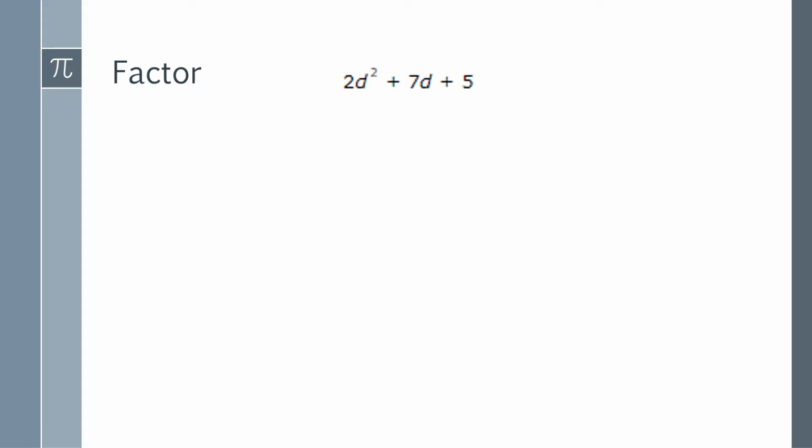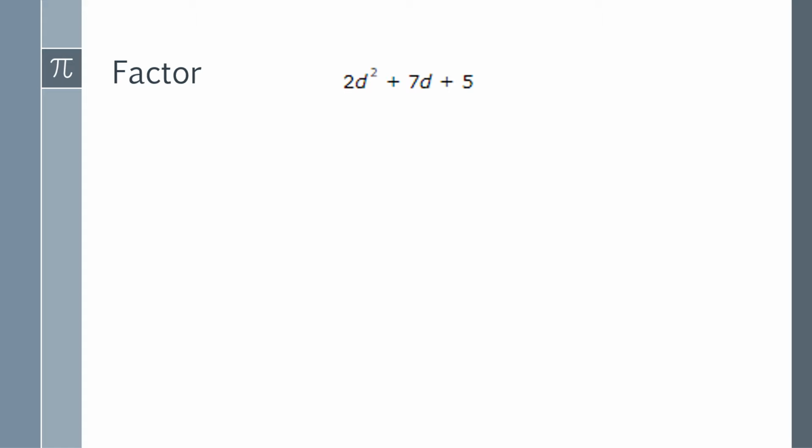You have a 2, a 7, and a 5. Do they have any greatest common factors other than 1 in common? No, because 2 doesn't have anything in common with 7 and 5. 7 does not have anything in common with 2 and 5. And 5 doesn't have anything in common with 2 and 7.